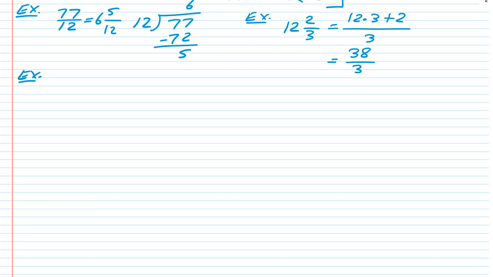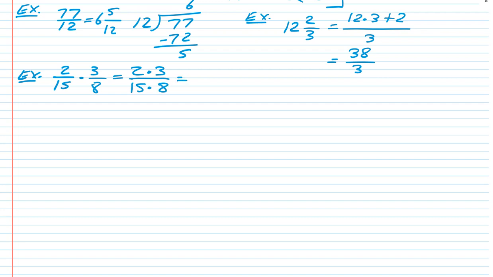Next example, let's take a look at how we would now multiply or divide fractions. So for this one, let's say I have 2/15 times 3/8. So how are we going to do this? Remember, we're going to multiply tops and the bottoms. 2 by 3, 15 by 8.